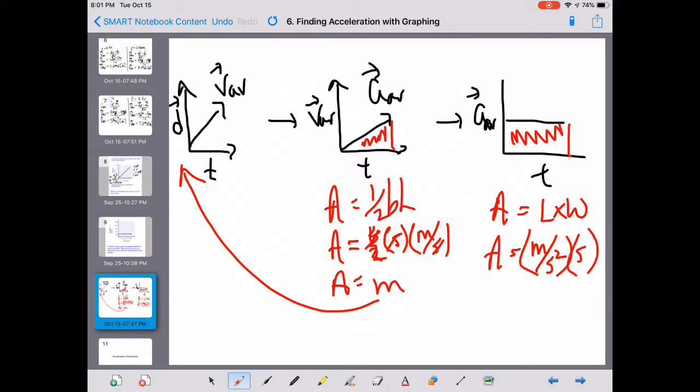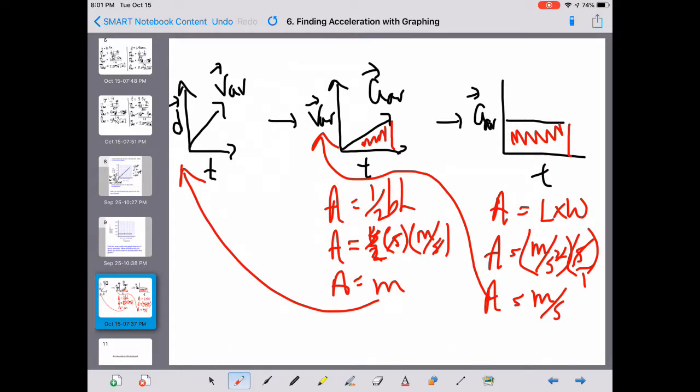Well, what happens here? I have seconds on the top. Remember, this is like a fraction. And seconds squared on the bottom. They're going to cancel out one of the second squared units, and I'm going to be left with meters per second. So this actually gets me back to there. Gets me back to my velocity time.